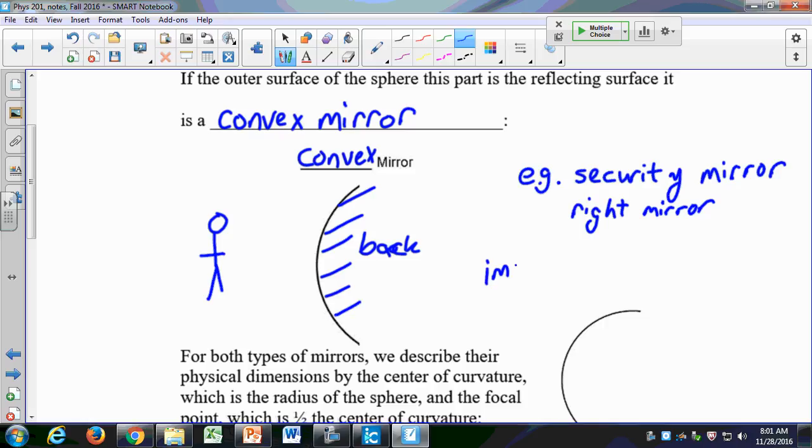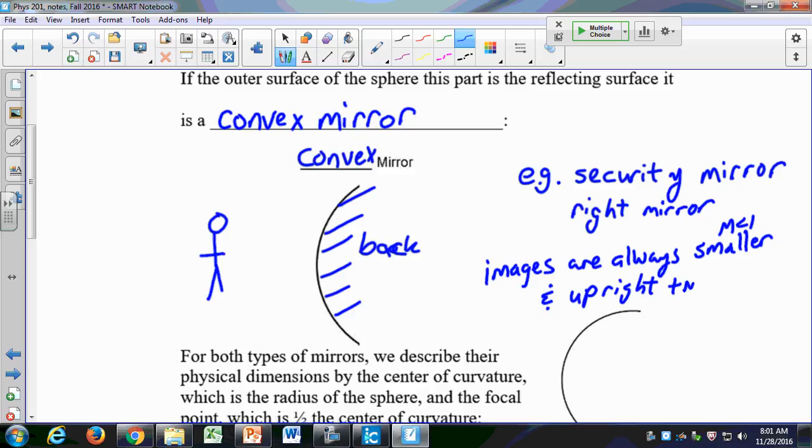So images are always smaller and upright. That means that m is less than 1 and m is positive. It's less than 1, so they're smaller, and they're upright, so it's positive. So it's somewhere between 0 and 1.